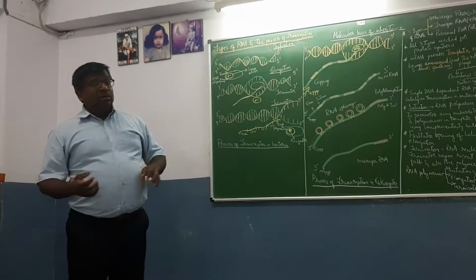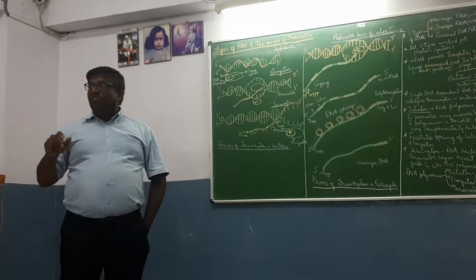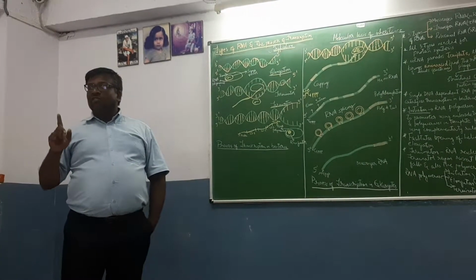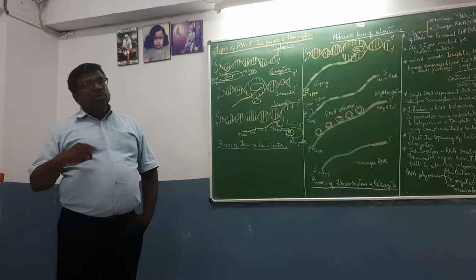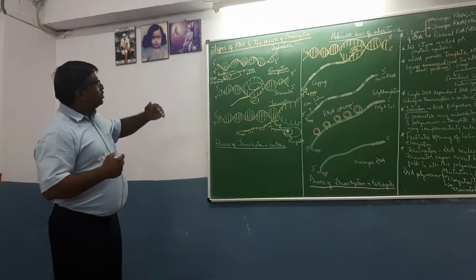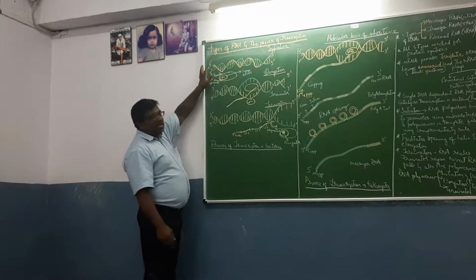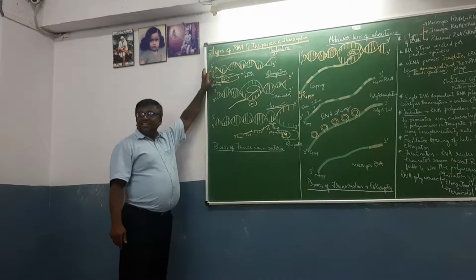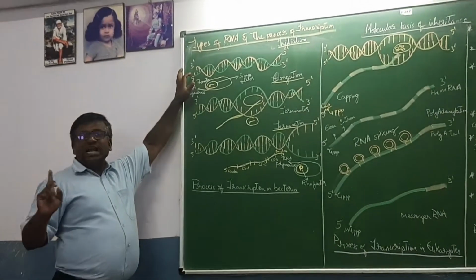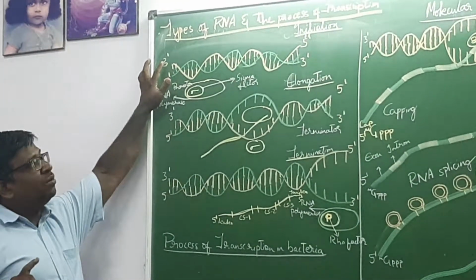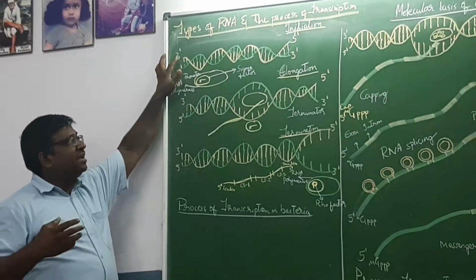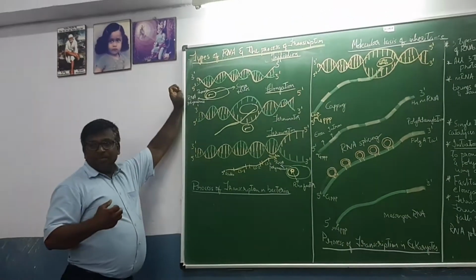I have told you the synthesis by RNA polymerase will always be in one direction. What is that direction? 5' to 3'. So they are going to choose in the DNA the antisense strand, because the antisense strand will be from 3' to 5'. That is where the transcription takes place.